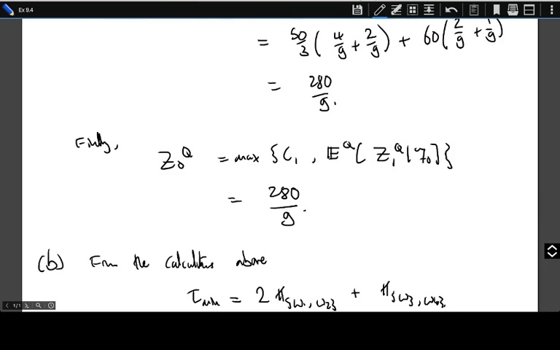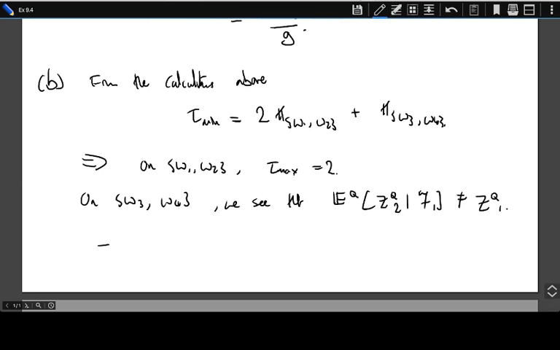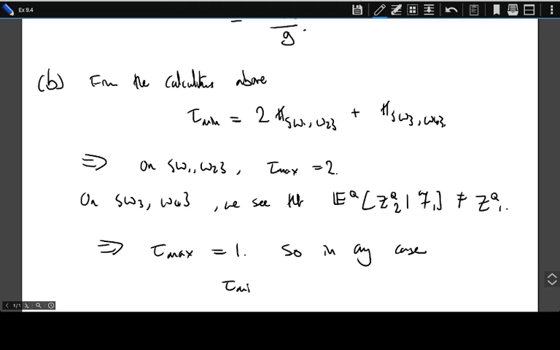They are not equal, right? And therefore, by definition of tau max, it cannot be equal to 2, and since it's larger or equal to tau min, it must be at least 1, so in this case it's equal to 1. So in either case, tau min is equal to tau max.